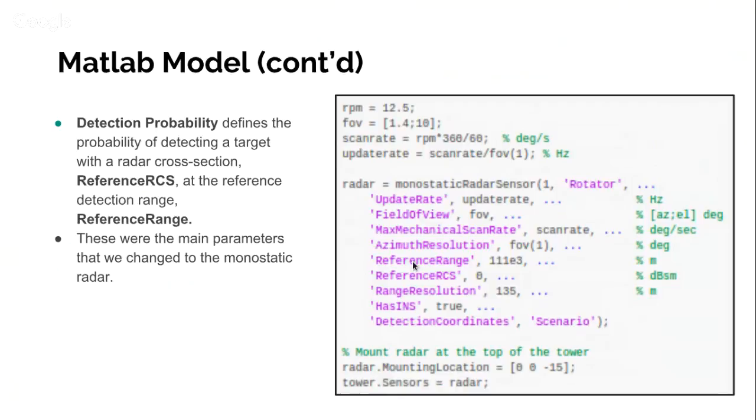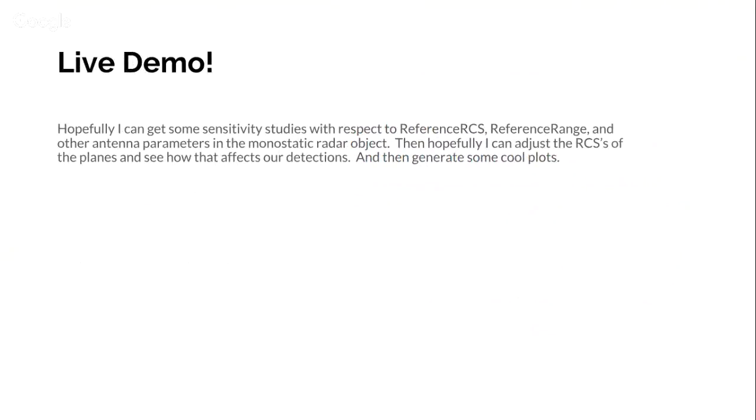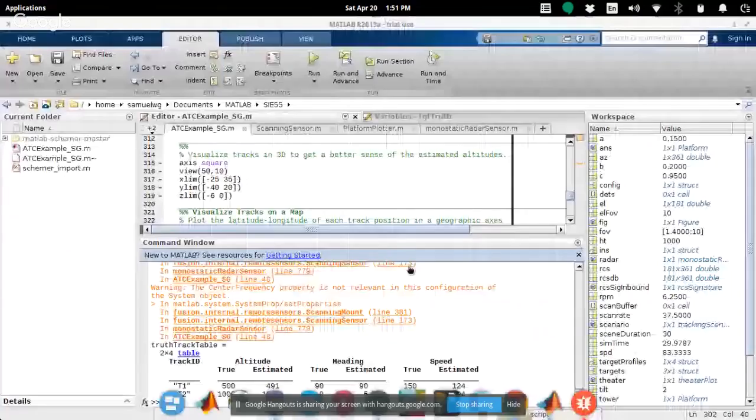These were the main parameters that we changed to this monostatic radar object. So I'm going to go ahead and show that right now. Go over to this screen and walk you guys through the code a little bit.